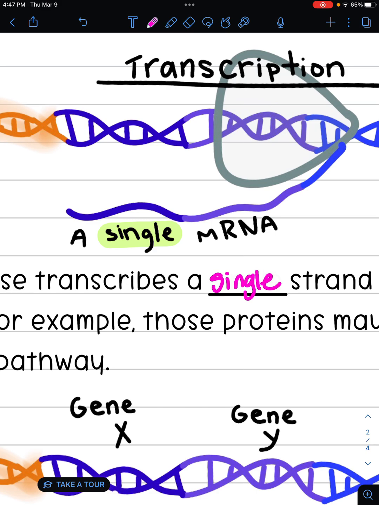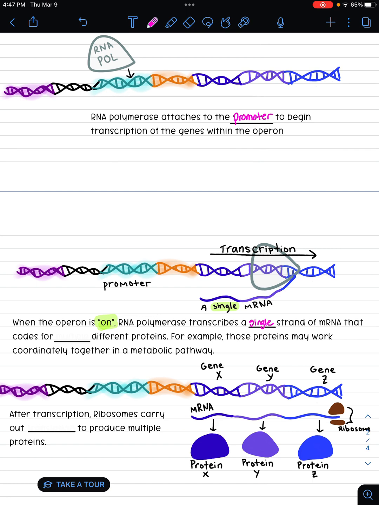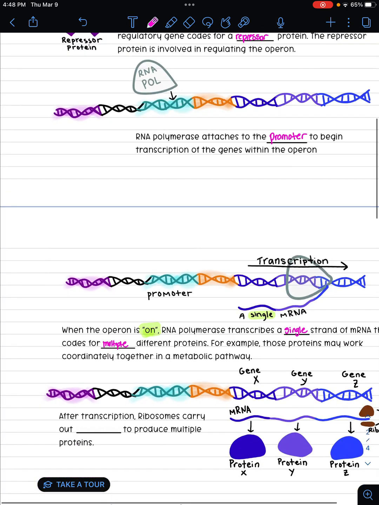Remember, RNA is single-stranded, unlike your DNA, which is double-stranded, okay? It's a single strand of mRNA that codes for multiple different proteins. For example, those proteins may work together in a metabolic pathway or they might not. They might go to different parts of the organism and do their job there.